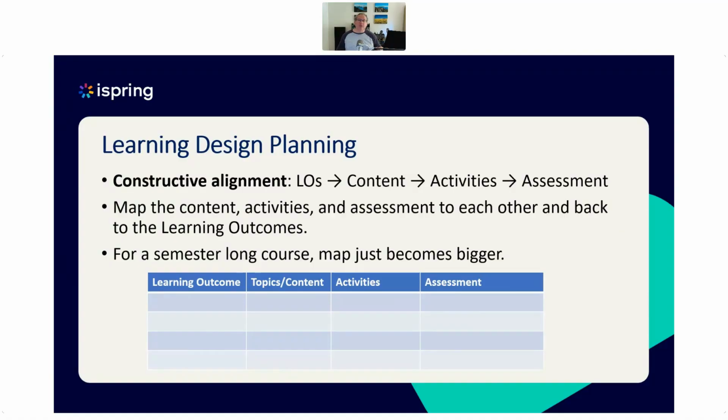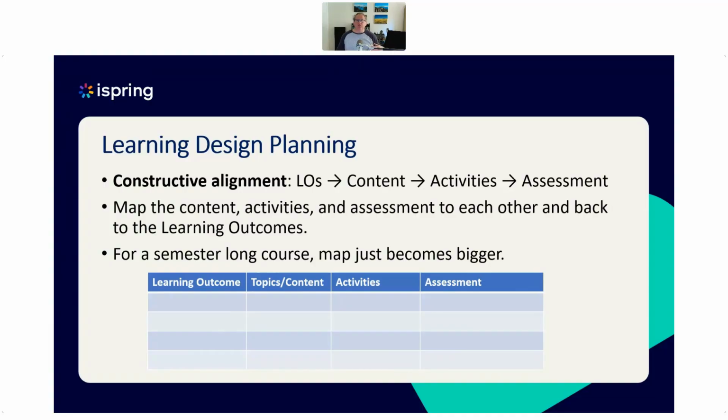In, say, a corporate environment or in a different country, you may have slightly different terminology that means the same thing. So learning objectives and course objectives potentially could be filling that same role as learning outcomes. Excellent question.